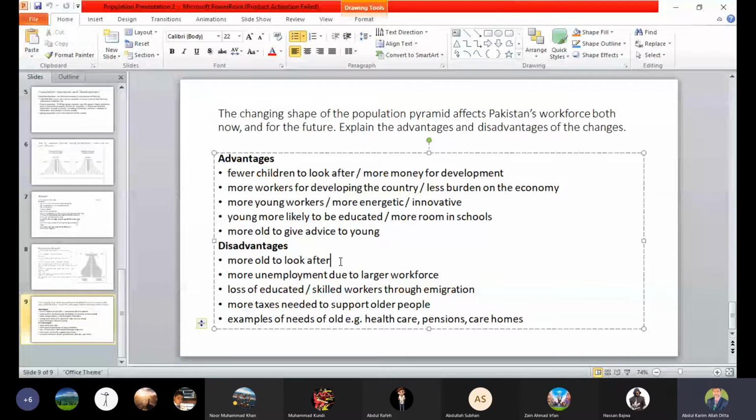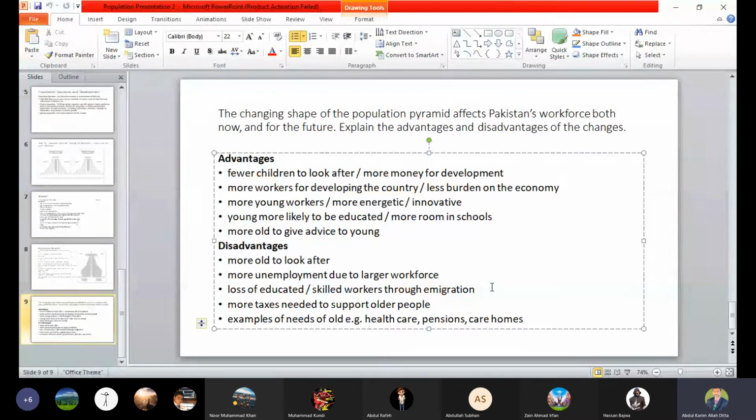Like in the middle one, as I told you, the middle age group in the middle of the population pyramid will have more population, more workforce. So this can create an unemployment situation, with a loss of educated and skilled workers through immigration.